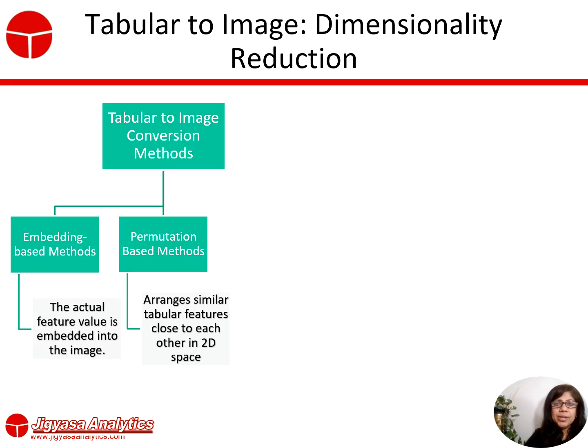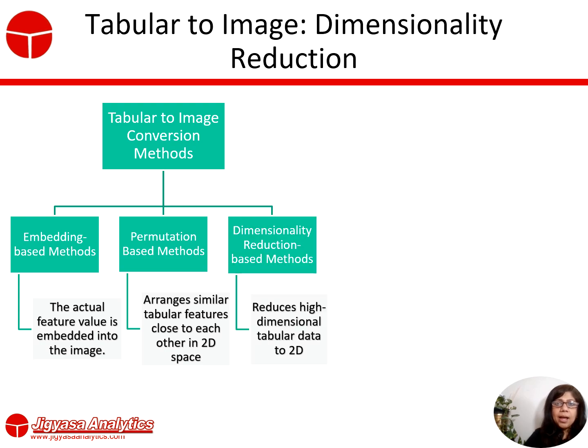Another tabular to image conversion method is based on dimensionality reduction. I will explain this method with an example of a tabular dataset like this one, which contains n observations and m features. The observations in this dataset are represented by rows, and F1 through Fm are the m features.